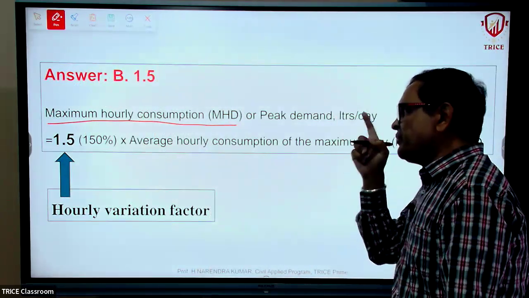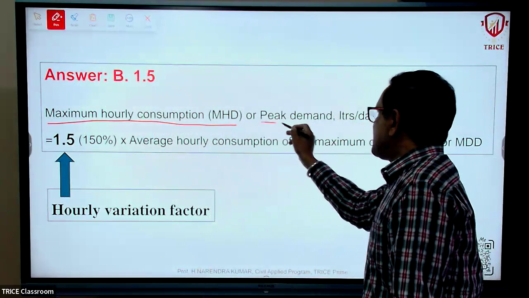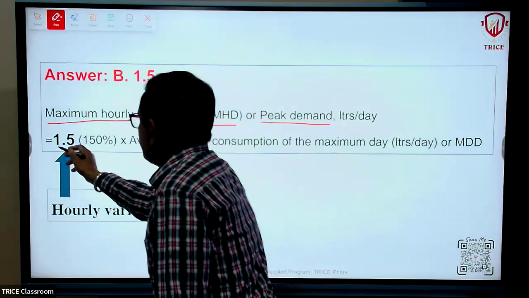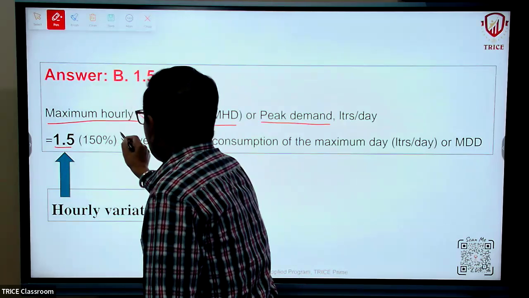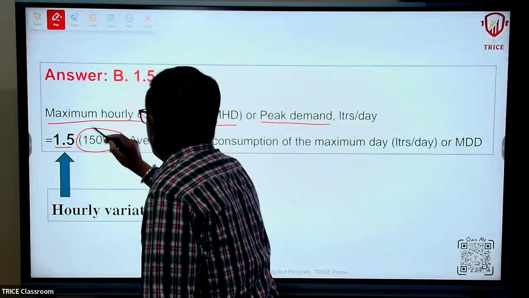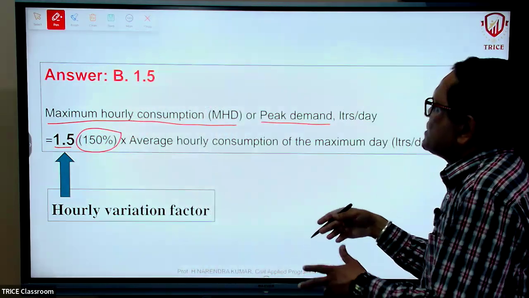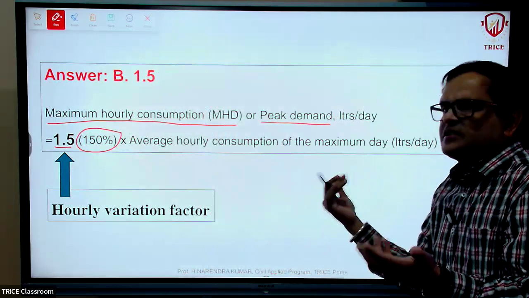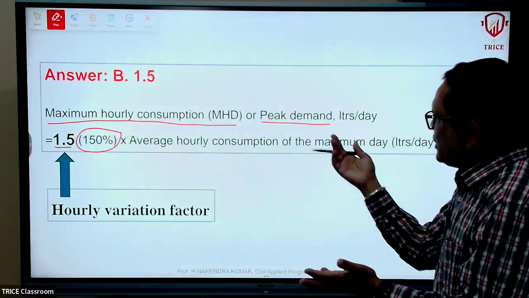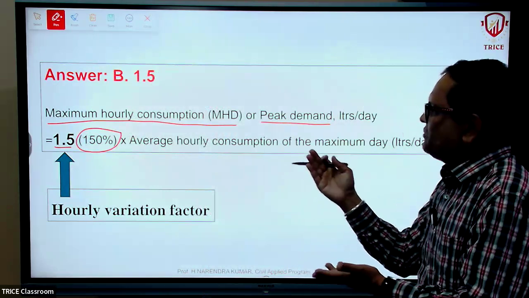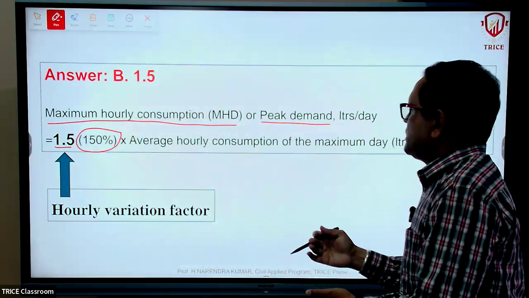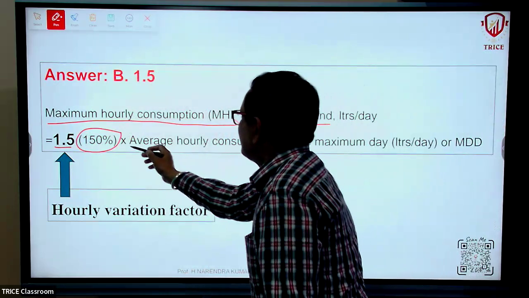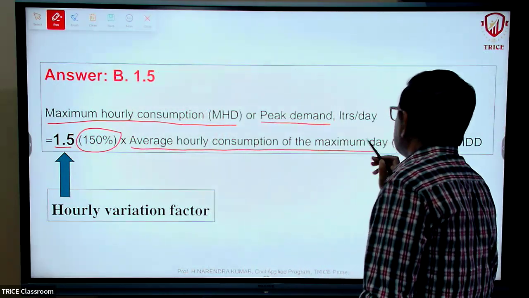As I said earlier in the previous question, it is called peak demand. Okay, in terms of liters per day, it is nothing but 1.5 times, or I'm giving you in terms of percentage also, because in some of the questions they may ask in terms of percentage, or sometimes in the decimal system. So that is why I'm giving you both, 1.5 or 150%, into average hourly consumption of the maximum day. So these are all the terminologies that we need to understand.